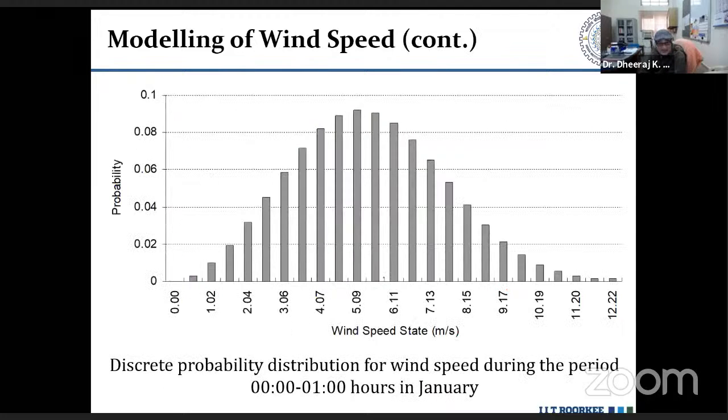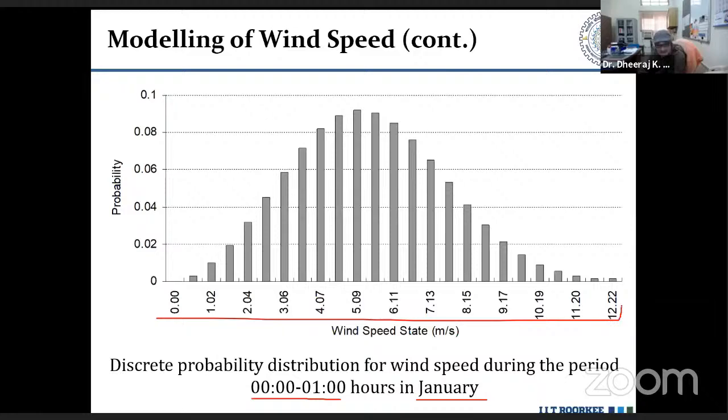And this is a discrete probability distribution of wind speed for the period 0 to 1 hour in January. So we have such 288 models. This entire curve is one model. So we have a total of 288 such models for 1 year.